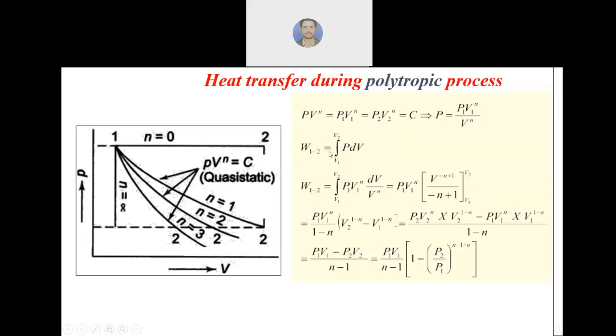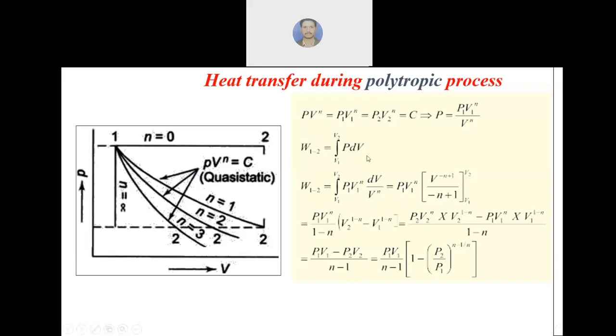Now, you know work done is given by the integration of P dV. Substitute this value of P here. You will get this thing. Now what you can do? This will be constant, take it out, and dV by V power n. Integration, how much will you get? V to power n you take in the numerator, it will be V to power minus n.